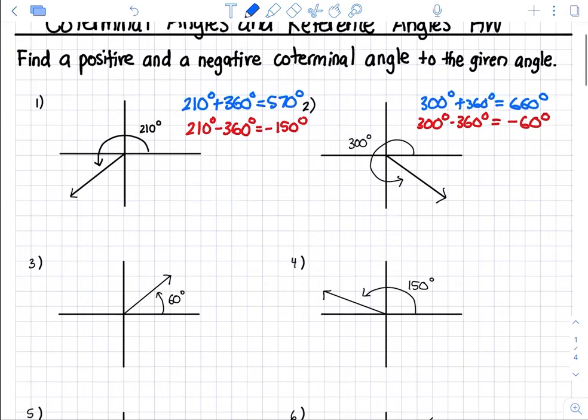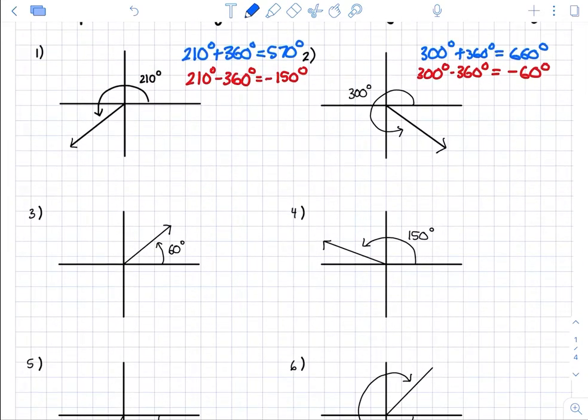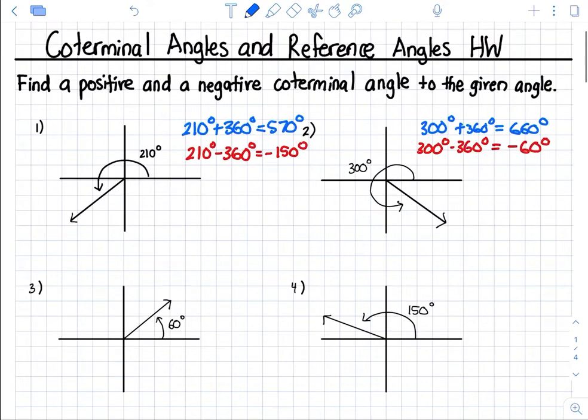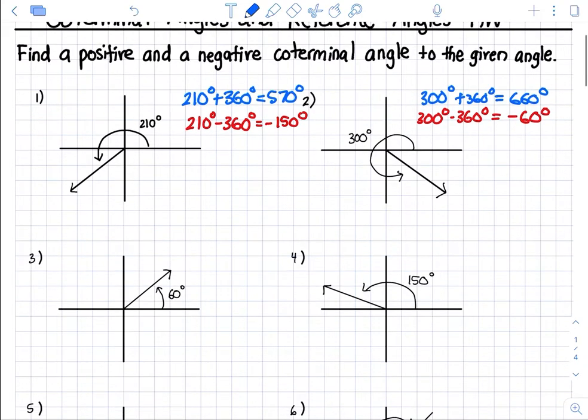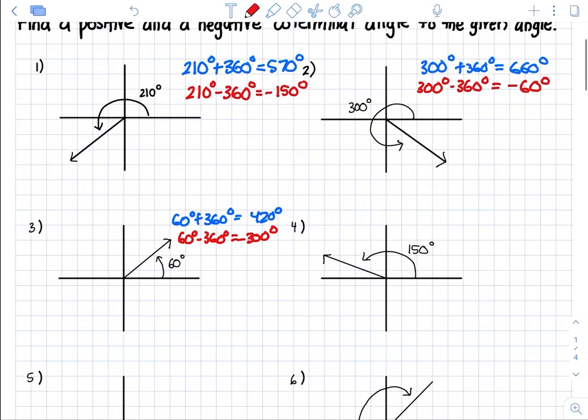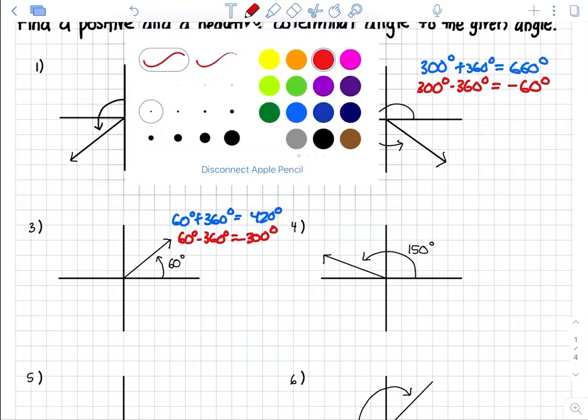Okay, number 3. Again, we have to find a positive and a negative coterminal angle. So we add 360 to 60, and we subtract 360 from 60. So 420 degrees and negative 300 degrees.